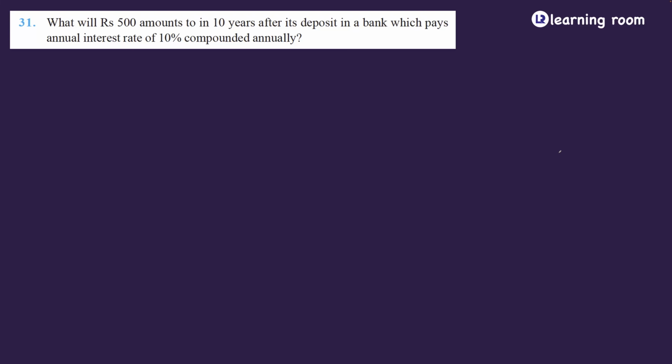Your job is to find the value of R. Let's see if you get it. How much do you get? Don't think that you don't have the formula for compound interest.